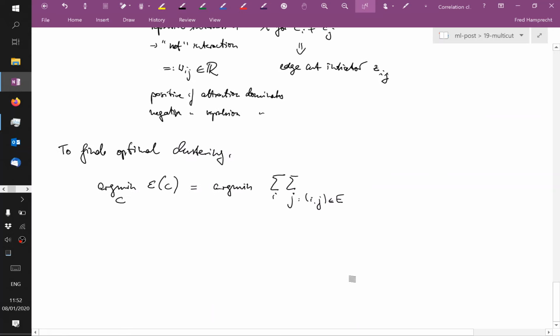All right, and for these pairs i, j, I'm going to call this edge e here, so that I can write WE here times ZE. You remember, this was the net interaction, and this was my edge cut indicator.